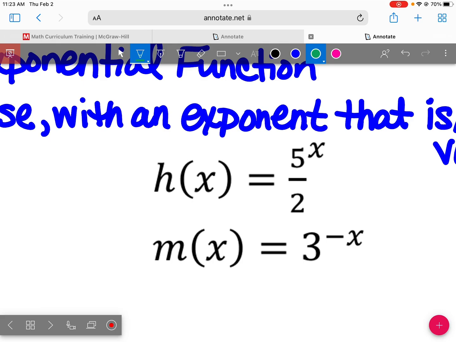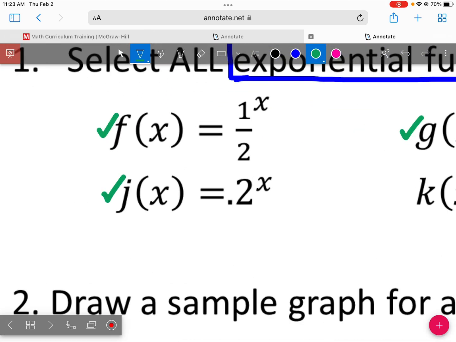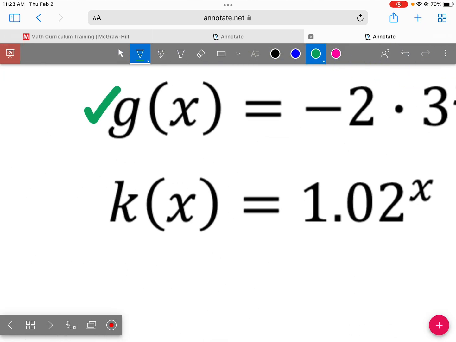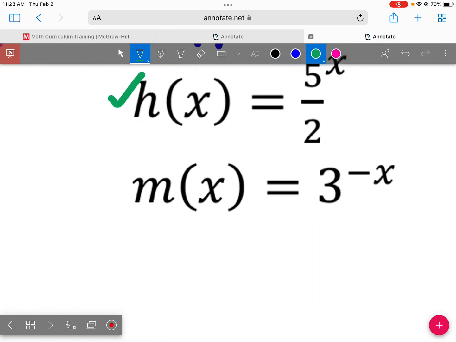Yes. J of x? Yes. K of x? Yes. And finally, m of x? Yes. So all of the ones that were up here were exponential functions.